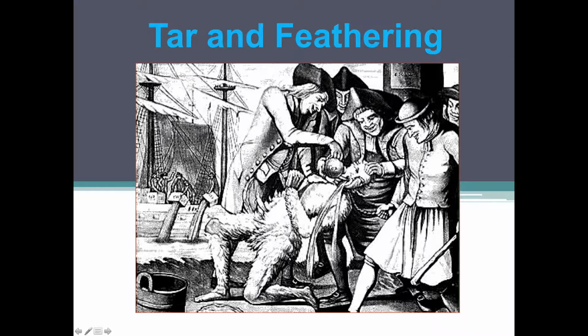He's dipped in tar, and then feathers are put on him. Here you can see they're also trying to drown him in tea. These are the Sons of Liberty. Now think about it. Who do you think drew this political cartoon? Do you think the Sons of Liberty drew this cartoon? Or do you think British agents drew this cartoon? I'll let you decide for yourself on that one.